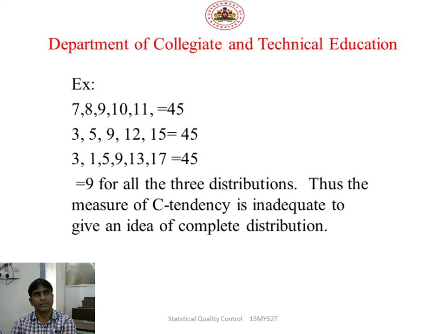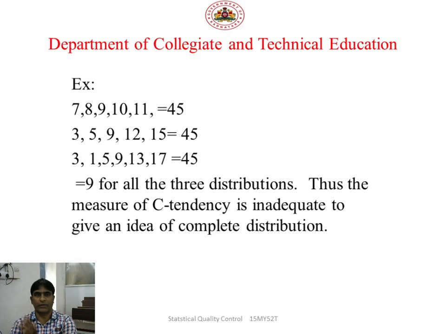See how closely packed they are, 7, 8, 9, 10, 11. The difference between two consecutive numbers is just one. Next, 3, 5, 9, 12 and 15. See here, they are separated to some range.